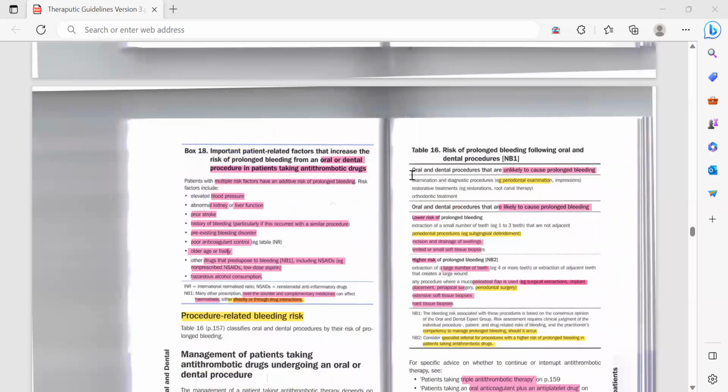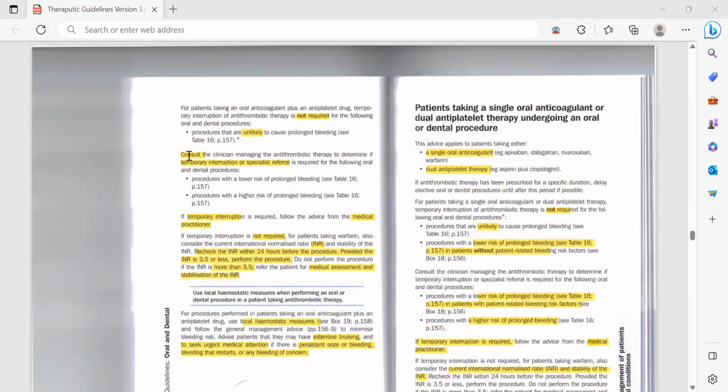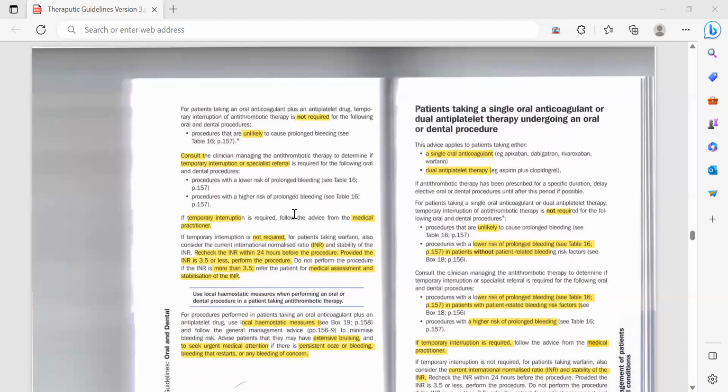These ones only: the exam and diagnostic procedures, restorative treatments, and orthodontic treatments. But you need to consult the clinician for any lower risk or higher risk procedure. If the medical practitioner says that temporary interruption is required, you need to follow his advice.